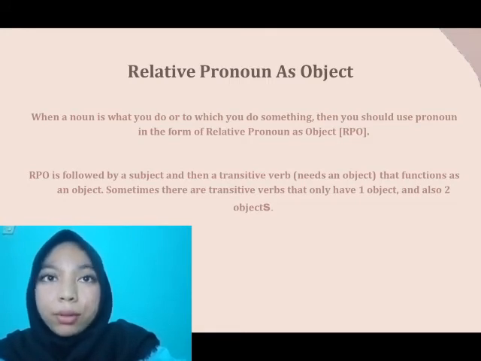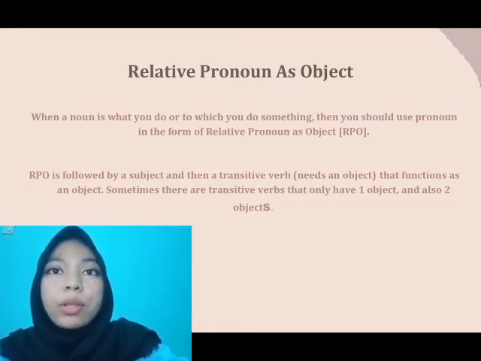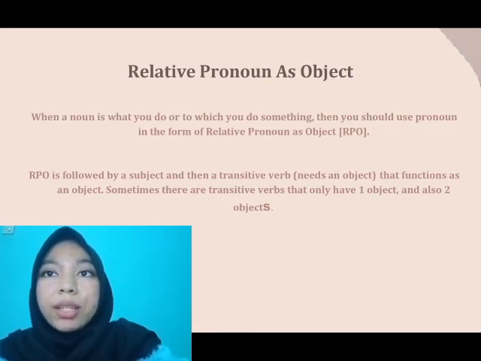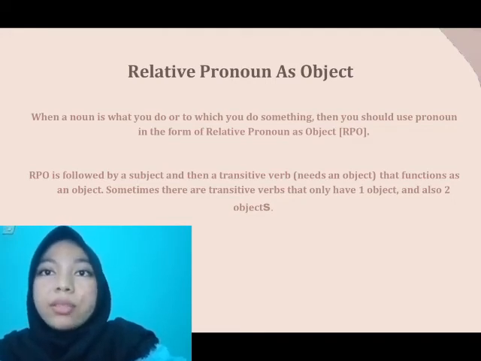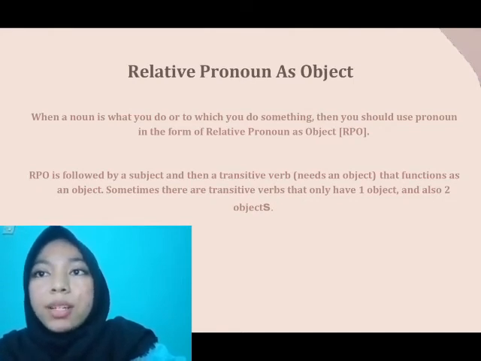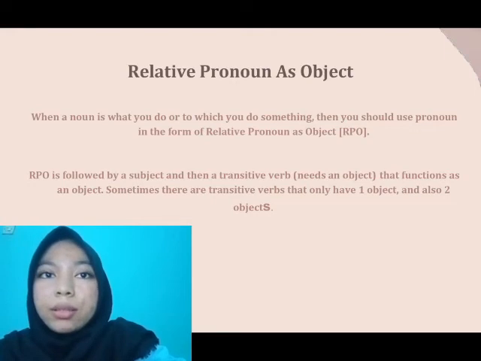RPO is followed by a subject and then a transitive verb, which needs an object. Sometimes there are transitive verbs that have only one object and also two objects.